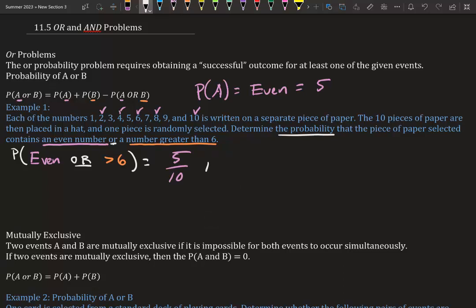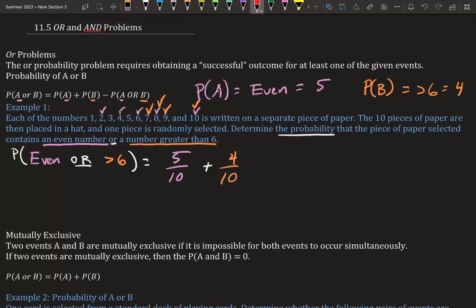Then we're going to add that to B. Remember, our probability of B is a number greater than 6. So let's check off all the numbers greater than 6. They have to be greater than 6, not 6. So that's 7, 8, 9, and 10. So 4 out of 10 are greater than 6.